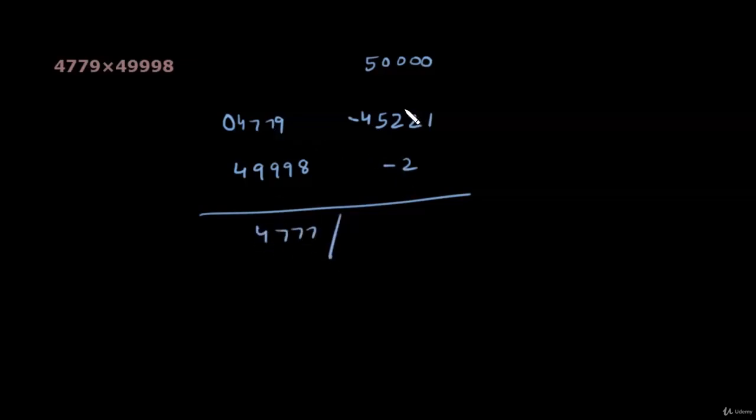For the second part of this number, we will multiply these two numbers. So 2, 4, 4, 10, 9. And this is positive. But we are using 50,000 as a base, so that means there is a submultiple involved. So we will multiply the first part by 5.